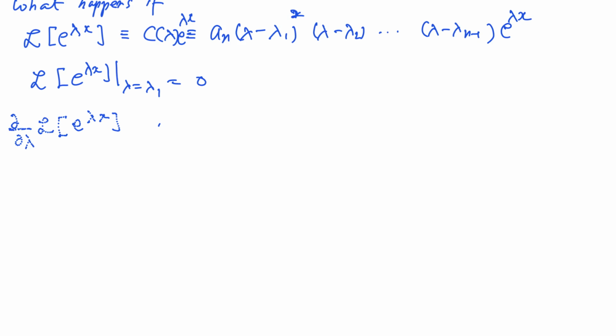And we know that when lambda is lambda 1, if you substitute, we get 0, right?